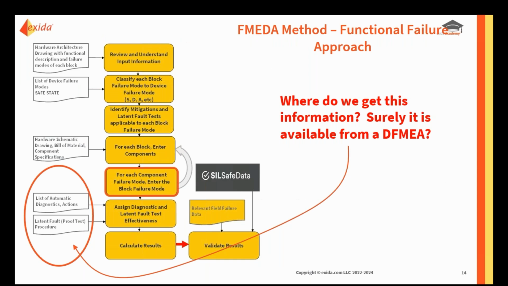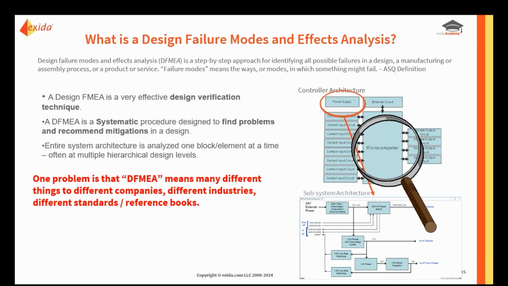Okay, so let's say I've convinced you that functional failures are the way to go. Well, next step is, how do you get the functional failure modes? So surely it should be available from a failure modes and effects analysis, right? Because that's what it is, right? You take your system, you divide it into blocks, you divide the blocks into blocks, maybe you divide those blocks into blocks, and eventually you get to subsystems where they're composed of components rather than blocks.